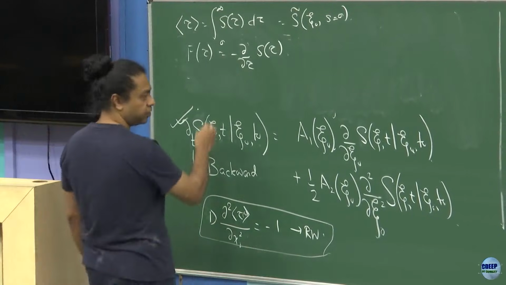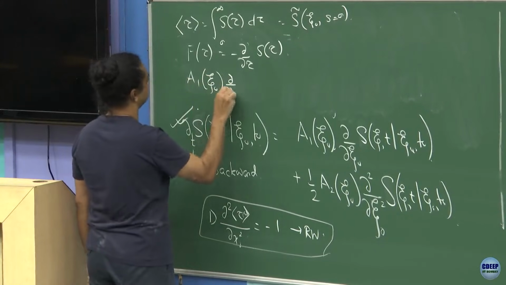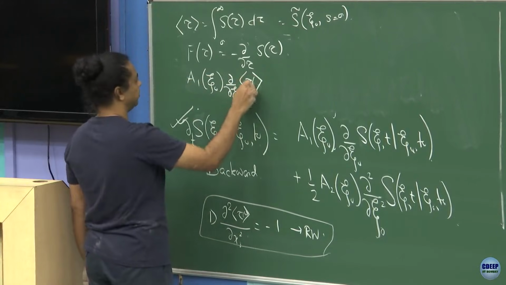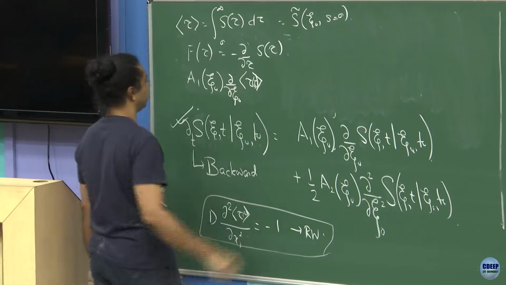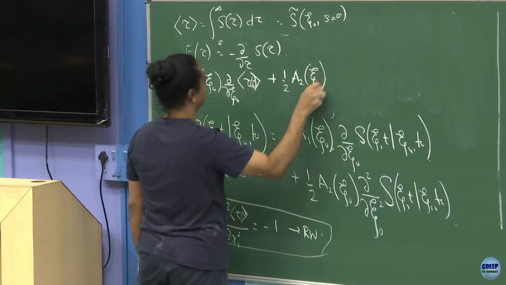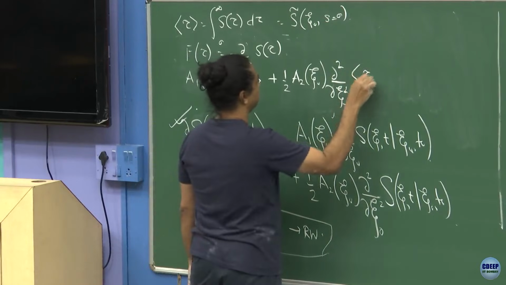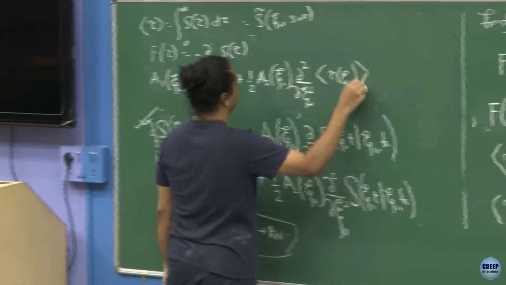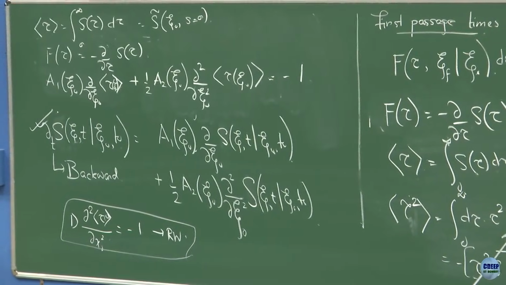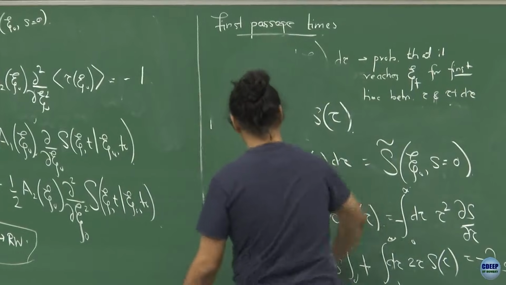The equation for the mean time is A1 xi naught del del xi naught of the mean time, and these are mean times, remember, starting from xi naught, plus half A2 xi naught del 2 del xi naught square of the mean time starting from xi naught. I think that will do. I don't need the second moment for the time. So let's work out one example.